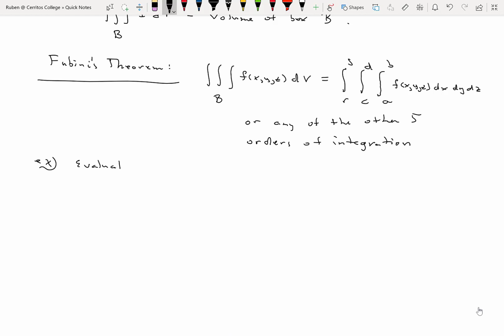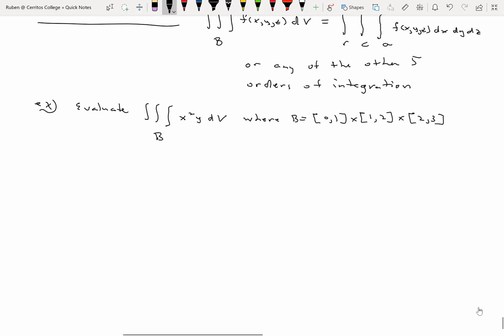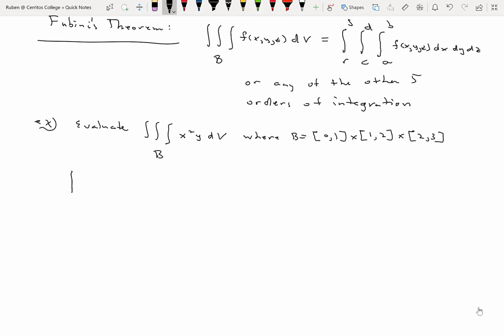Evaluate the triple integral over the box B of x squared y dV, where the box B is [0,1] cross [1,2] cross [2,3]. Okay, so we're going to use Fubini's theorem to do this.